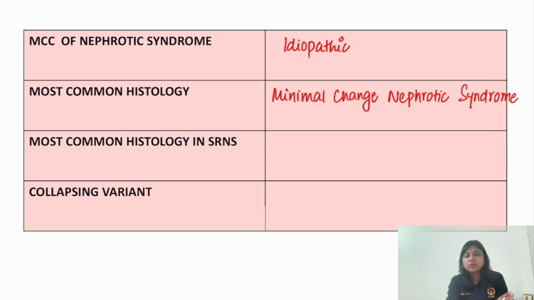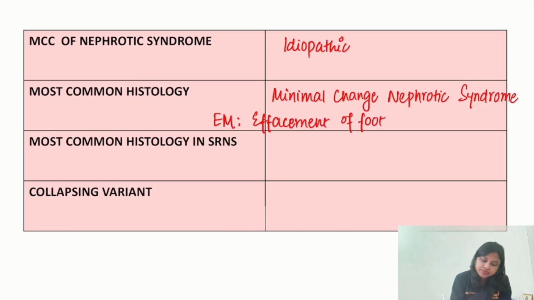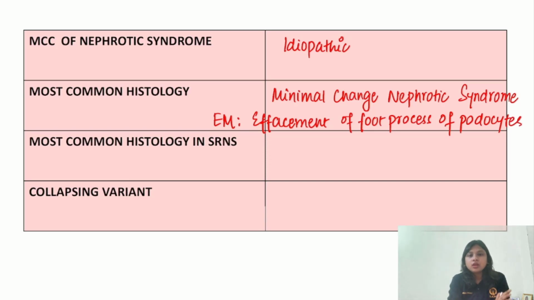So nothing is visible in light microscopy and immunofluorescence. Only in electron microscopy, we find effacement of foot processes of podocytes. Podocytes are the visceral epithelial cells. So only in electron microscopy it is visible. That is why minimal change nephrotic syndrome is also known as nil disease, NIL, because there is no deposit.